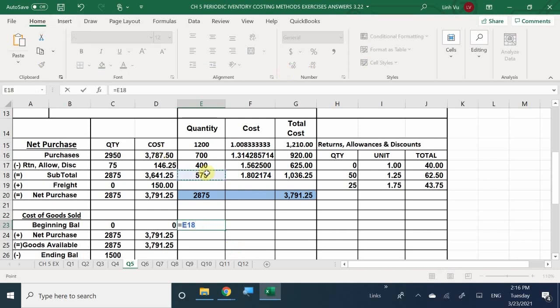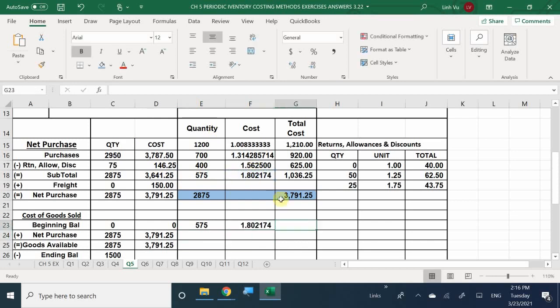So in this case, I'm going to take my 575. I'm going to copy down this cost per item if I really wanted to calculate it. And then I know for a fact that it is going to cost me the full amount without having to calculate because I'm taking all of it. Okay?